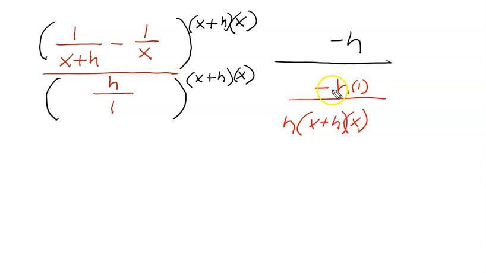It's in a sense in the front here. That I'm going to cancel now this h. And I'm left now with a -1 over x times x plus h. Now, theoretically, I should multiply that through, but I believe they will accept this answer.